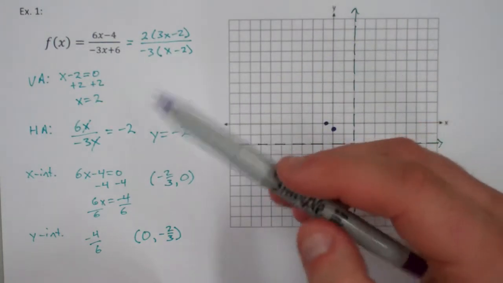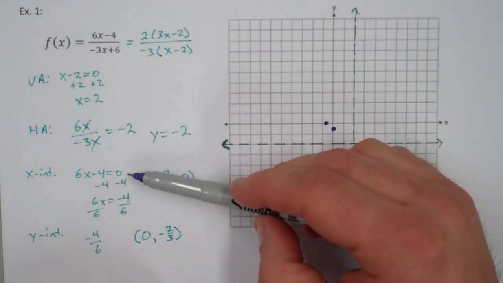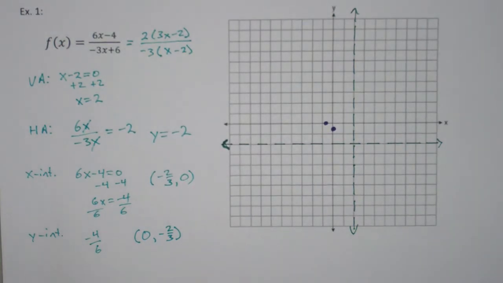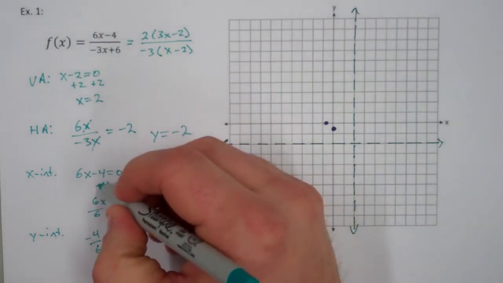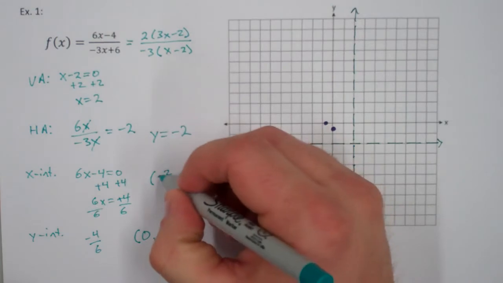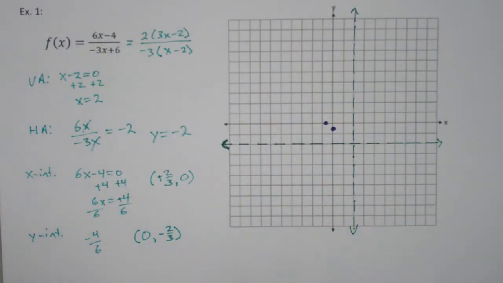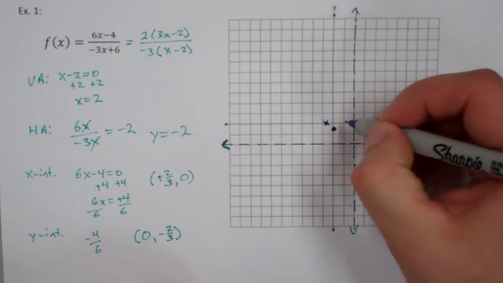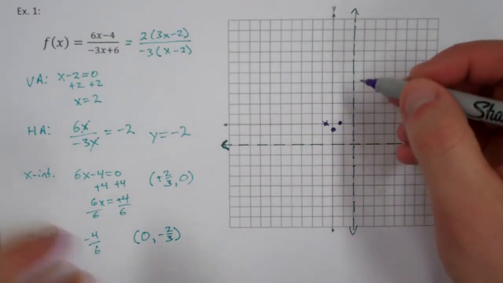So we had the numerator equal to 0, that's fine. And ooh, there it is right there. Did you catch it? Oh shoot, I subtracted when I should have added. So this should just be a positive 2/3. Please disregard the negative 2/3, and we're going to make it a positive 2/3.